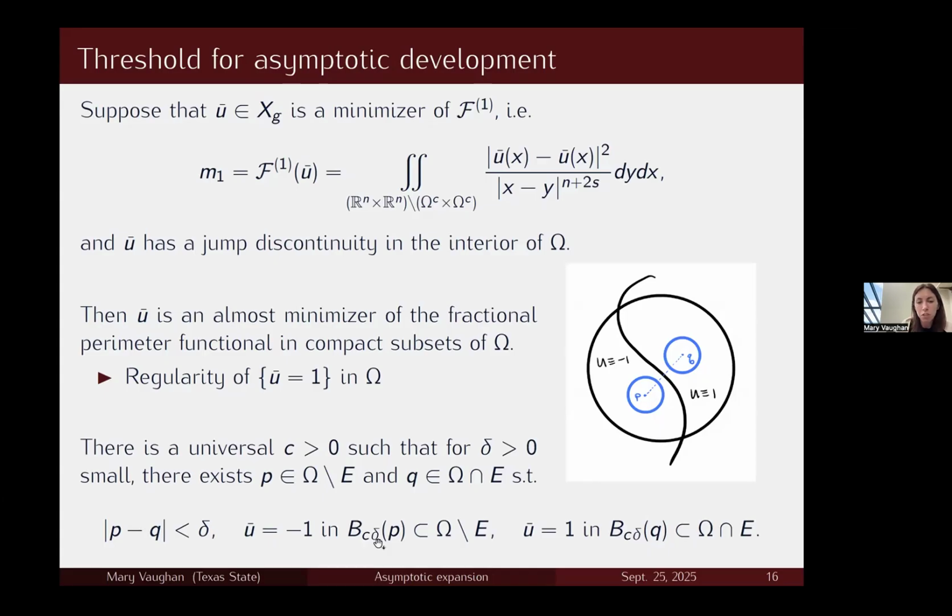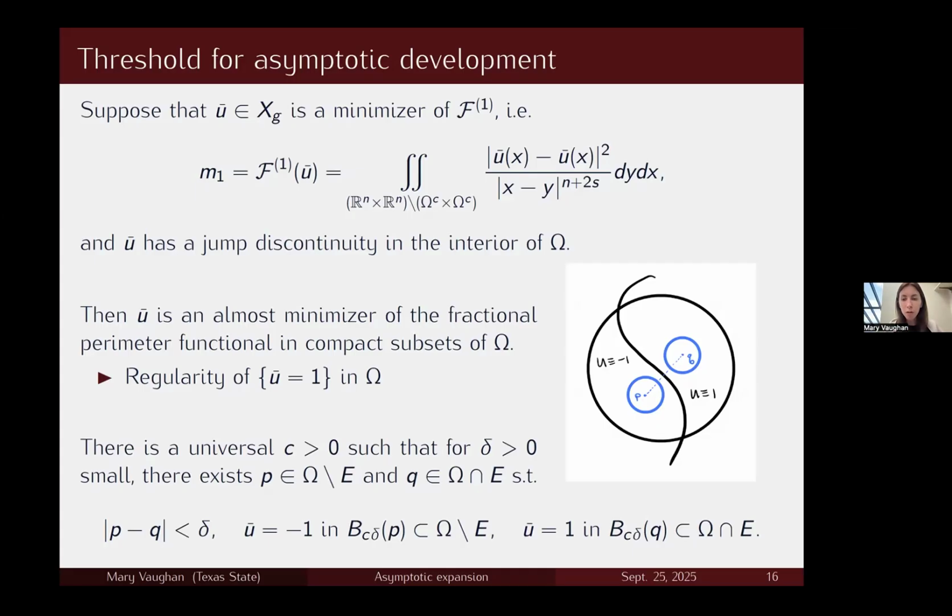C is universal, delta is small, and the center of those two balls is less than delta. So they're close to the free boundary, but these two balls are contained in the two separate phases.